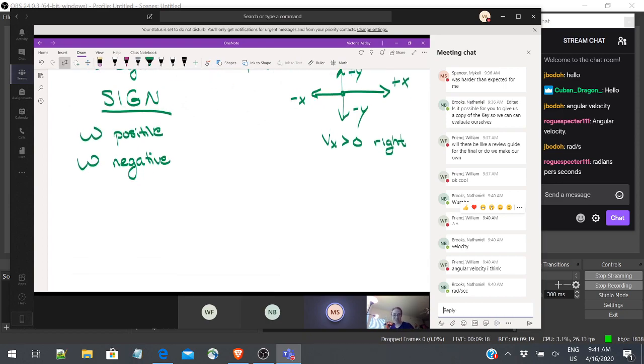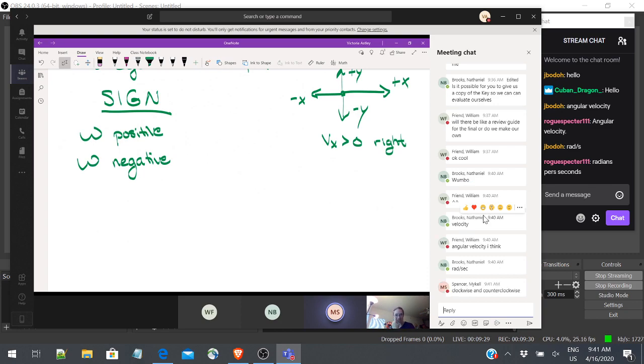Right? What are the options for which way something is turning? Clockwise and counterclockwise. Yep. Okay, which is which?